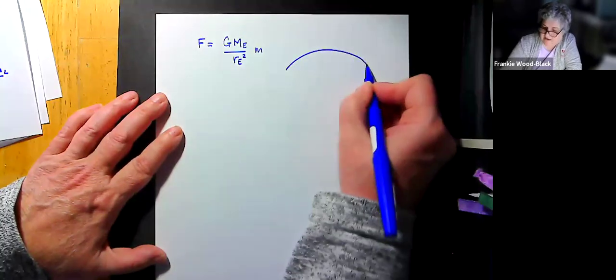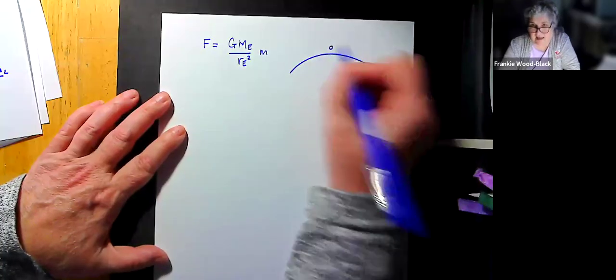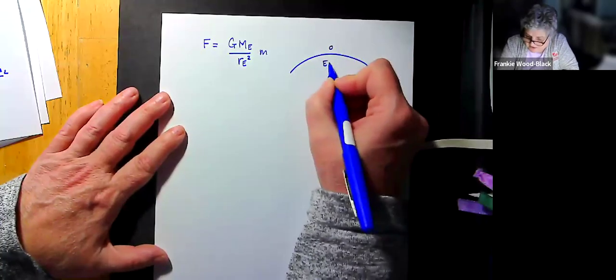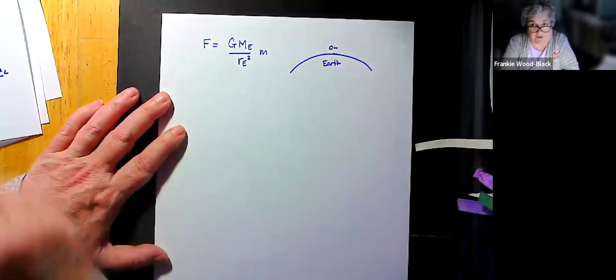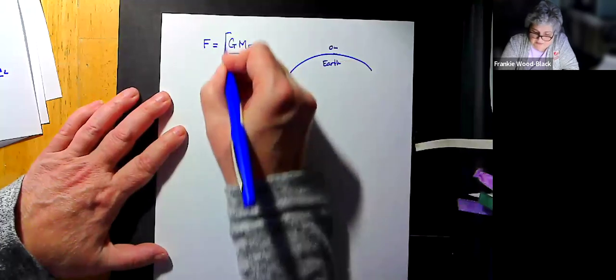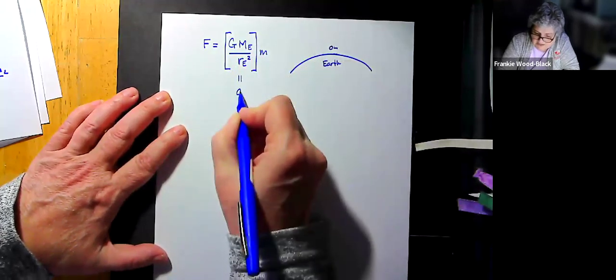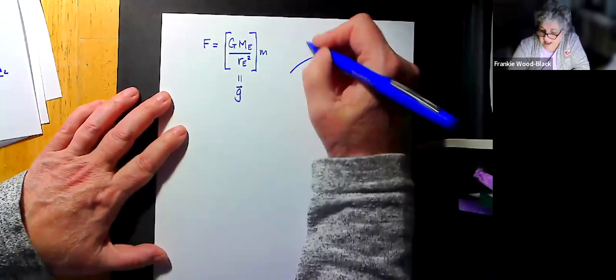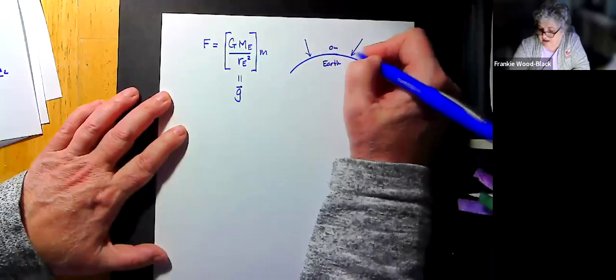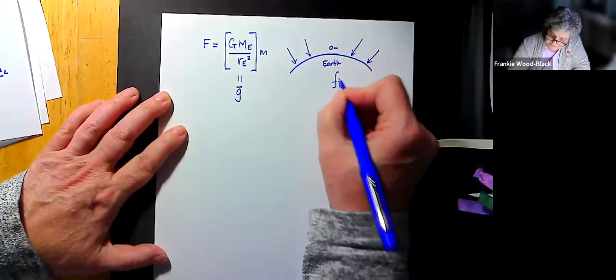So if I've got my Earth here and I have a little itty bitty object like a ball on top of the Earth, this height here isn't much different than that height here, and this equals our acceleration due to gravity that we see at the Earth, and this gives us something that we call a field force.